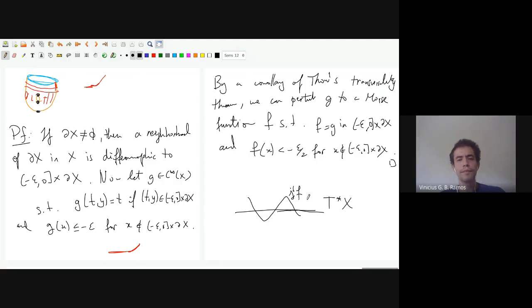So f is Morse if and only if the first jet of f intersects the zero section transversely.